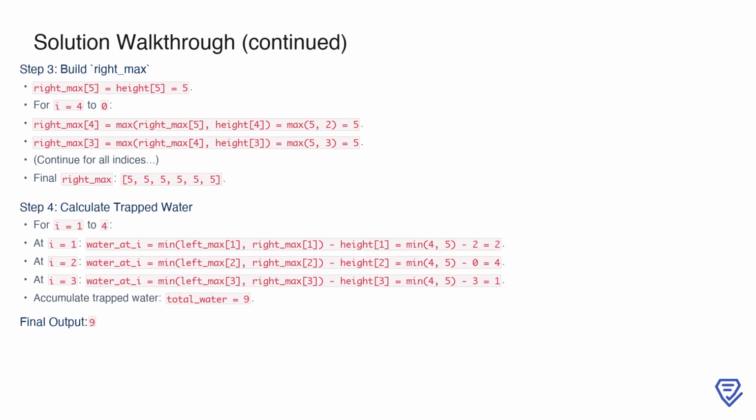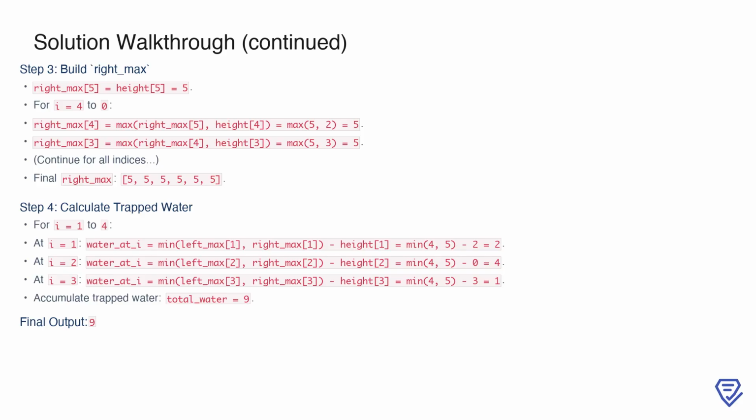For example, at index 4, the maximum between right_max[5] and height[4] is 5, and at index 3, the maximum remains 5. This process is repeated until the first index, resulting in the final right_max array 5, 5, 5, 5, 5, 5.